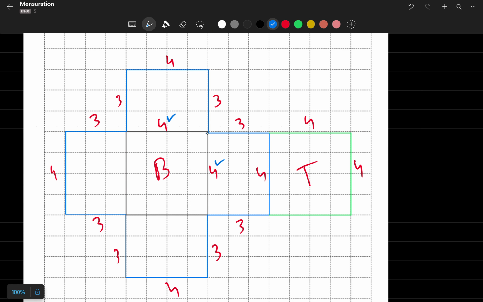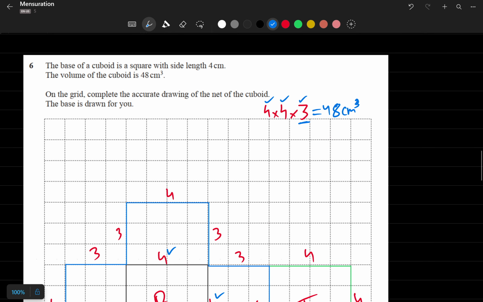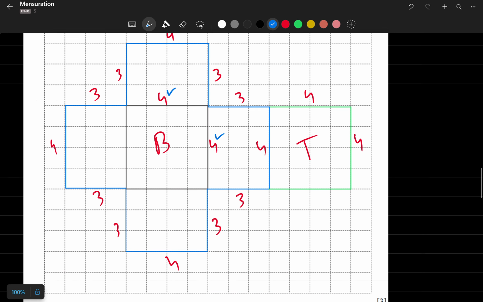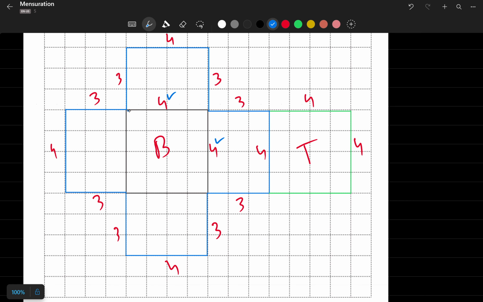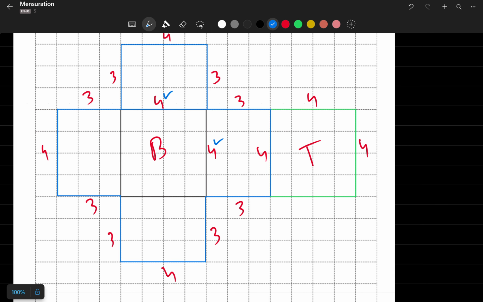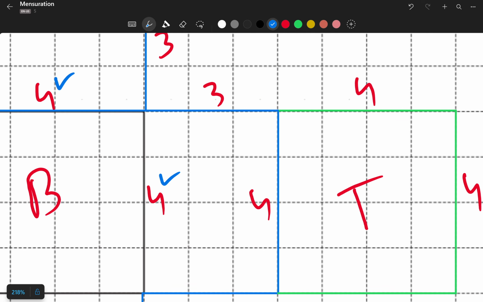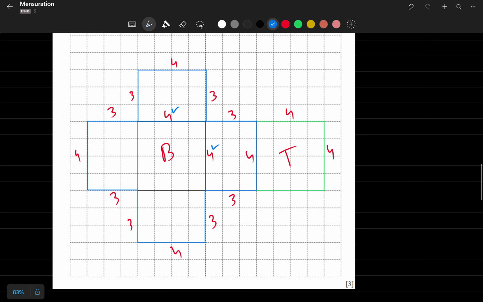So stretch 3 units here, where 1 unit is always equal to 1 centimeter. Keep that in mind, because this length is 4 centimeters and this is covering 4 cubes. So covering 1, 2 and 3 cubes will be equal to 3 centimeters of height.